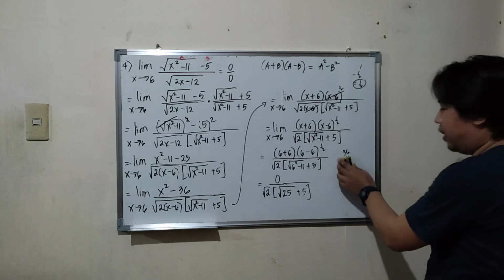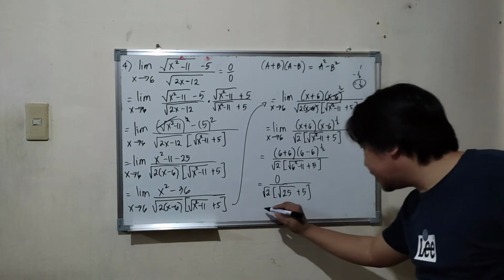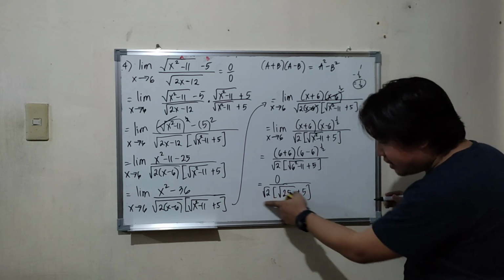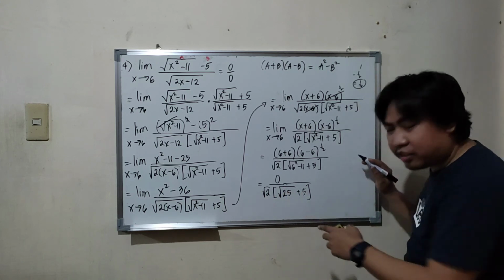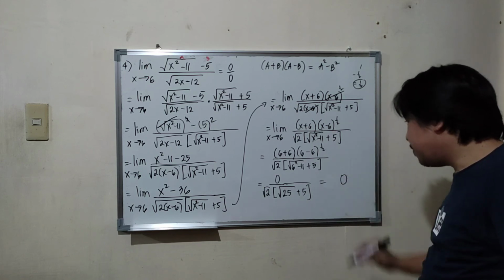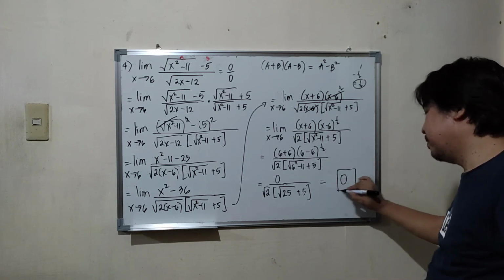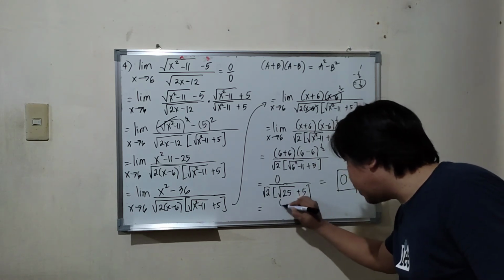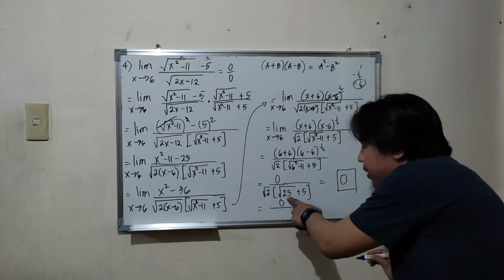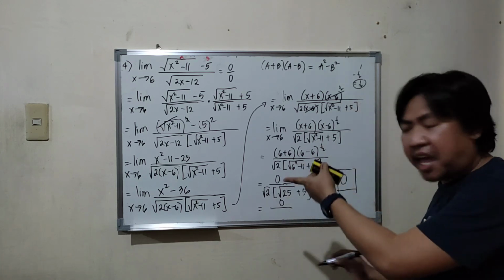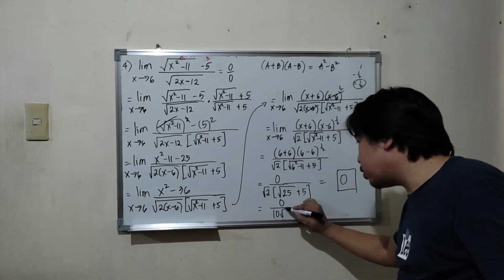So actually, there's no need to continue because obviously the denominator is not equal to 0. So we can write the final answer as 0. Or if you want to compute the exact, we have 0 over square root of 25 is 5 plus 5, that is 10. So 10 times the square root of 2.